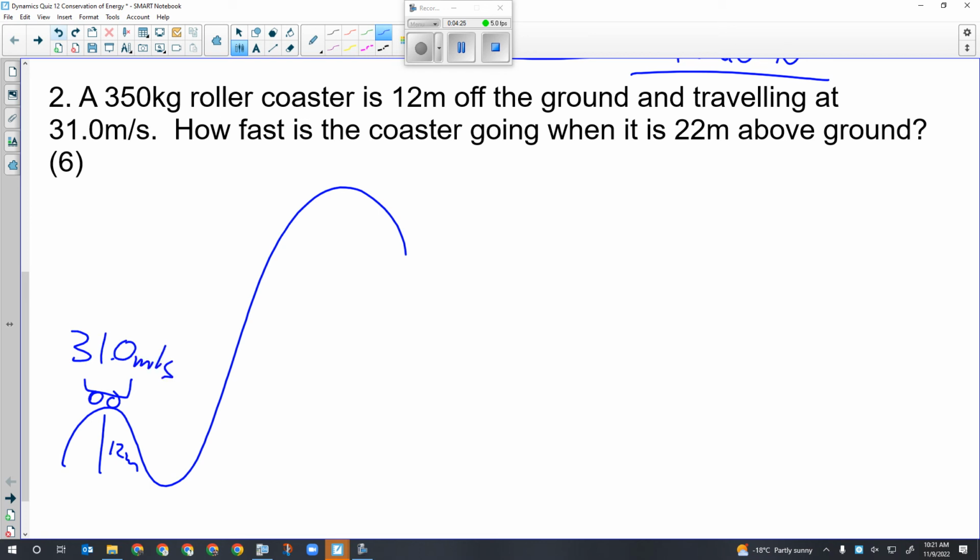We want to find out how fast it is going when it is 22 meters above the ground. It doesn't mention anything about friction, so what do we have to assume here?